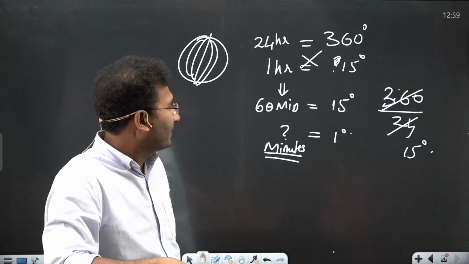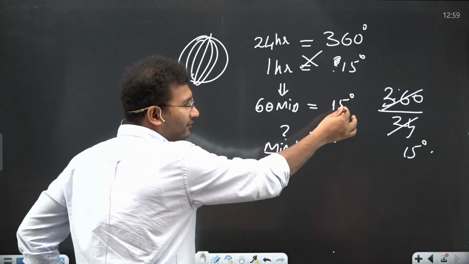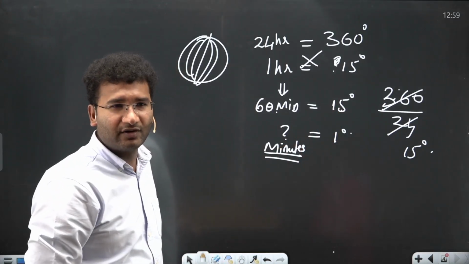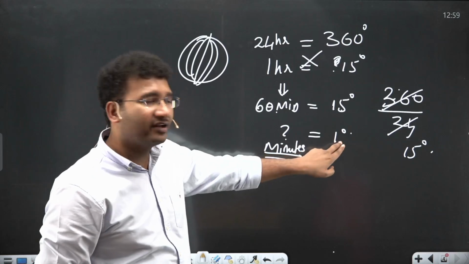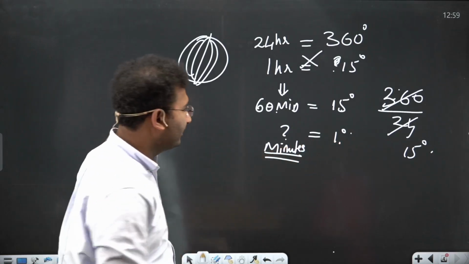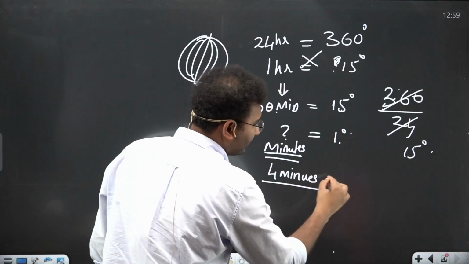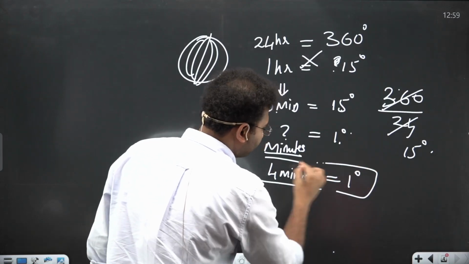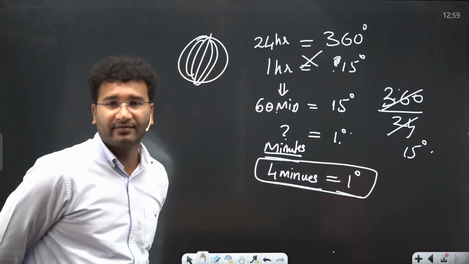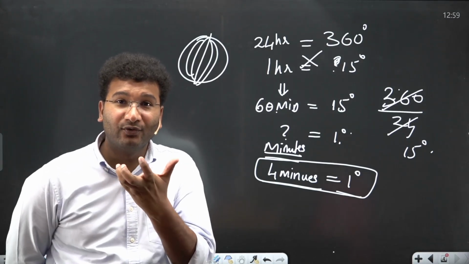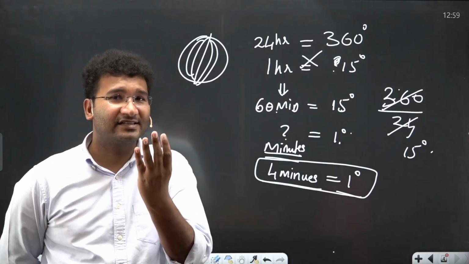If 15 degrees will take 60 minutes to cover, then 1 degree will be covered in how many minutes? It is 4 minutes, right? 4 minutes is equal to 1 degree, right? Clear? That means if earth moves 1 degree, it takes 4 minutes.